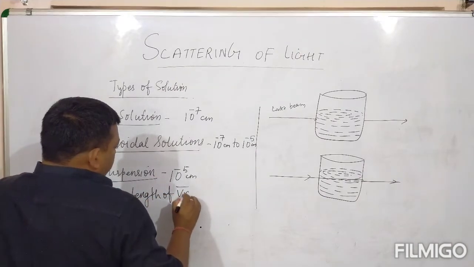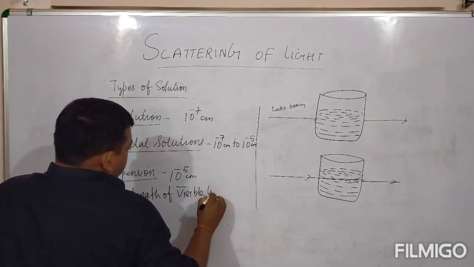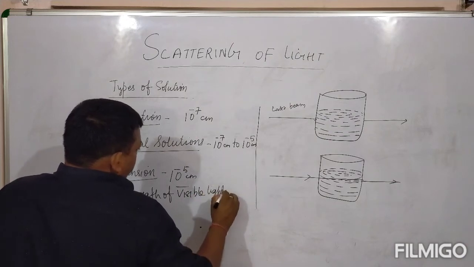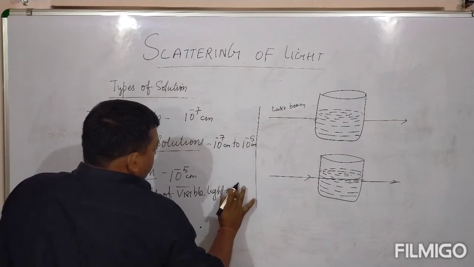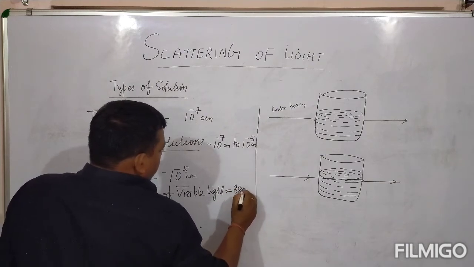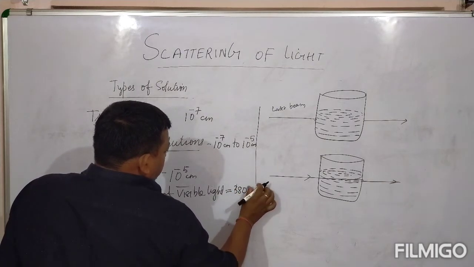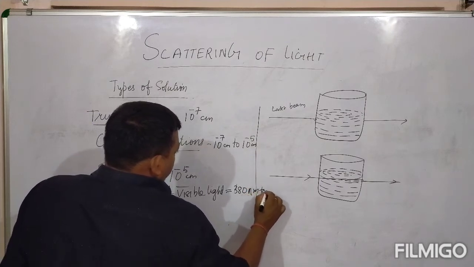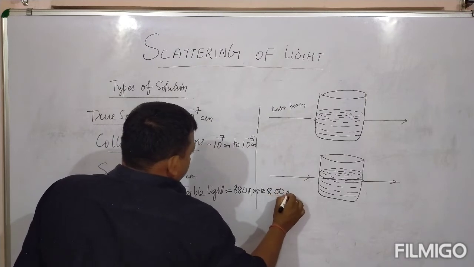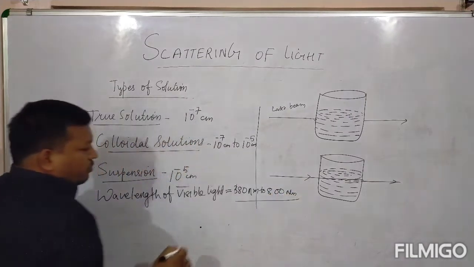Visible light, we know, is a mixture of 7 colors. It is around 380 nanometer to 800 nanometer. This is the wavelength of visible light.